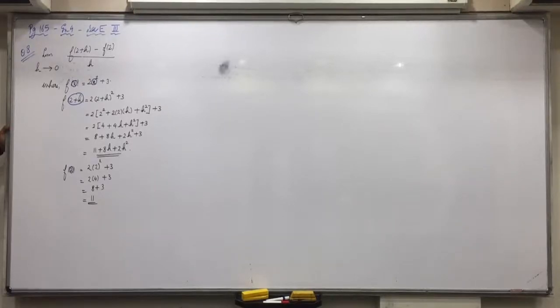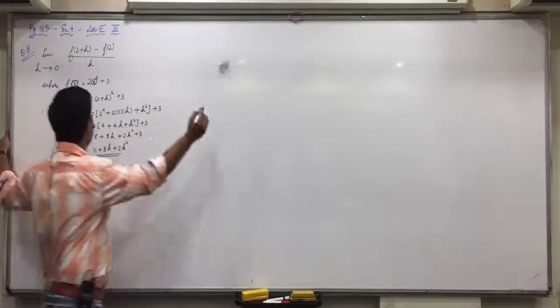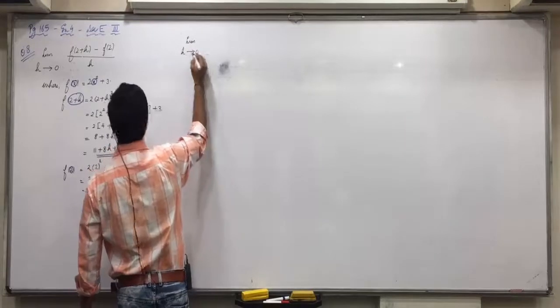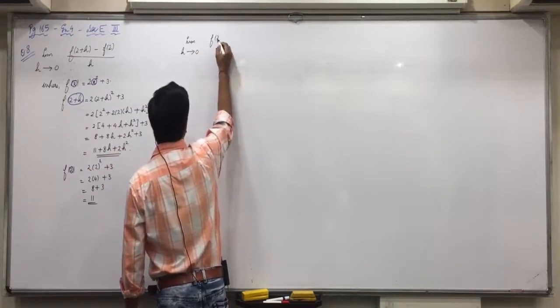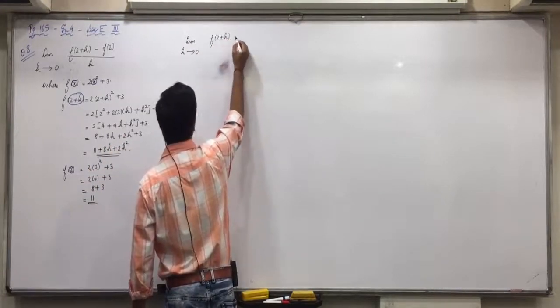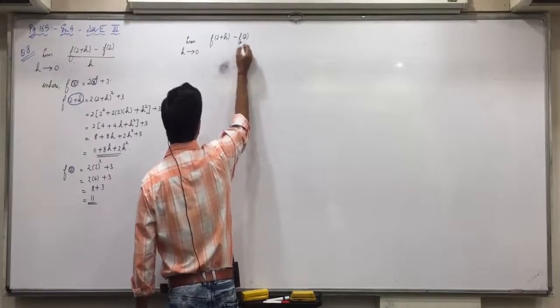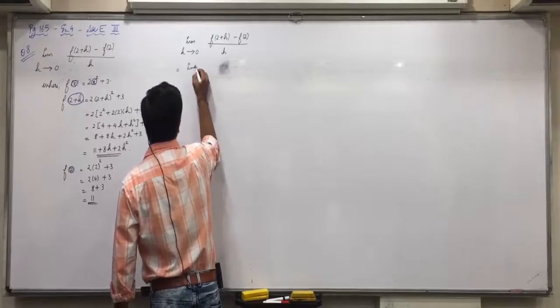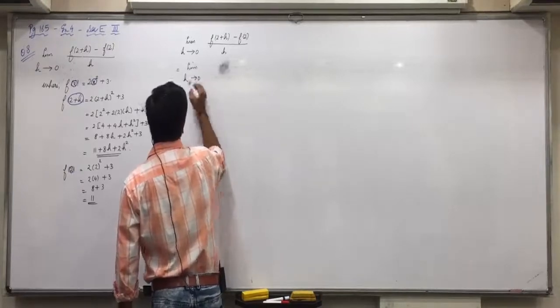Who all are still writing up till f(2)? Raise your hand. So write down: limit h tends to 0, f(2 plus h) minus f(2) upon h is equal to limit h tends to 0.